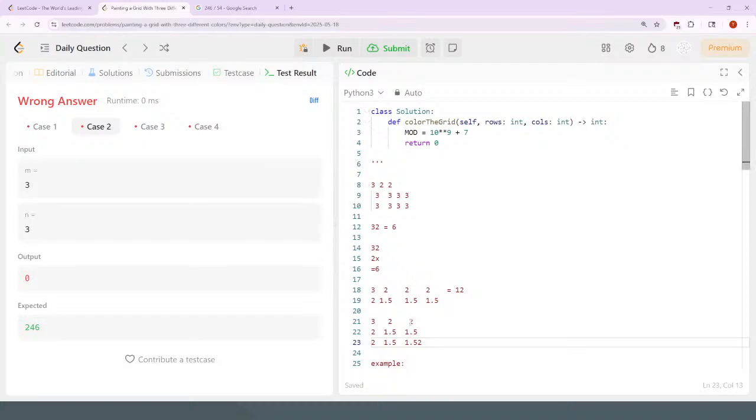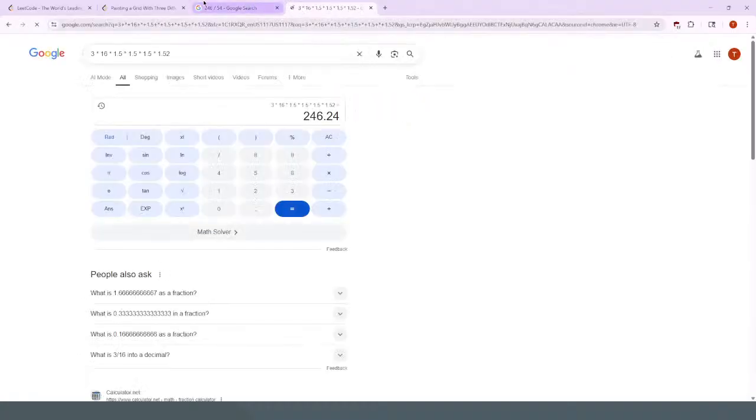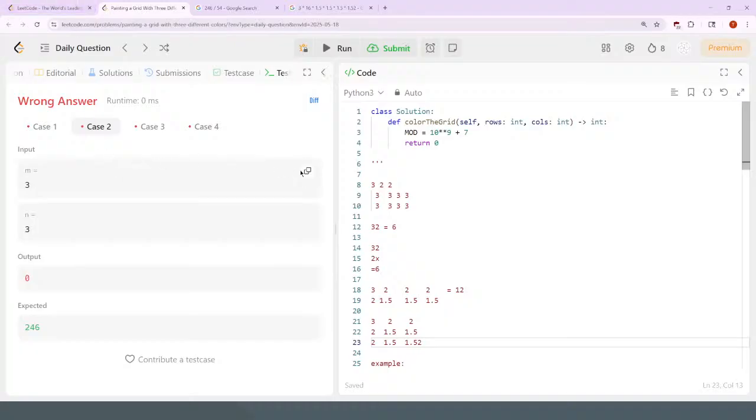Well, I think so. 1.5, 3 times 4 twos, which is going to be 16 times 1.5 times 1.5 times 1.5 times 1.2. 246. Yeah, that is the magic number. Yeah, but probably not the way to actually approach it. Okay, back to the drawing board.